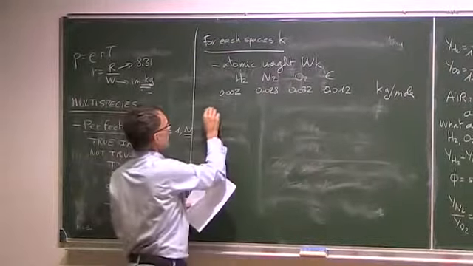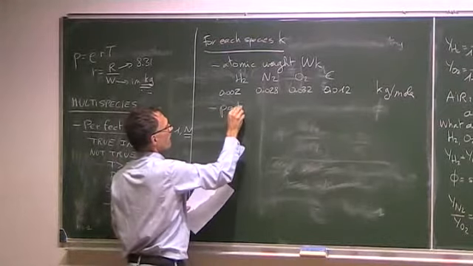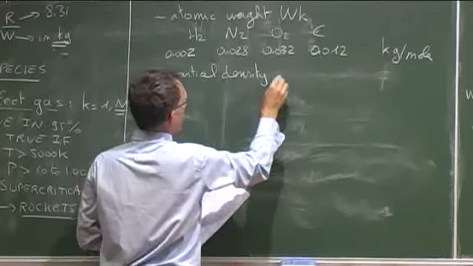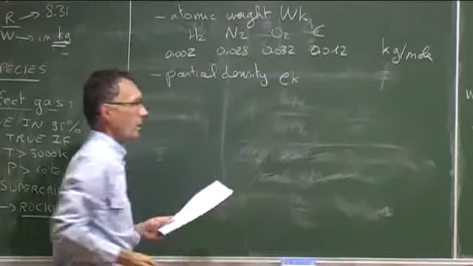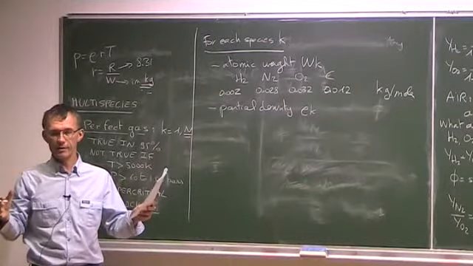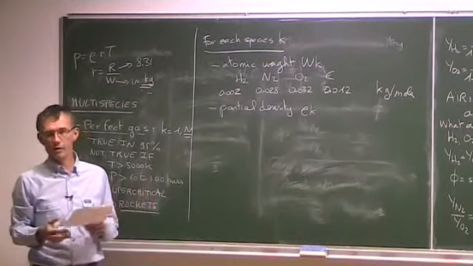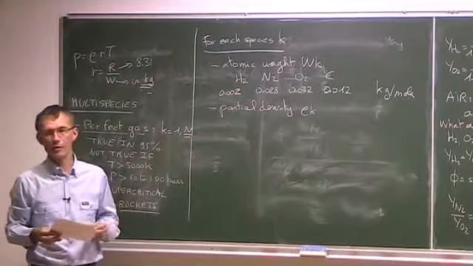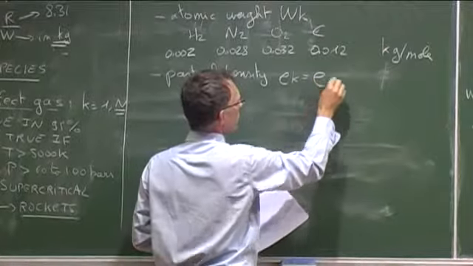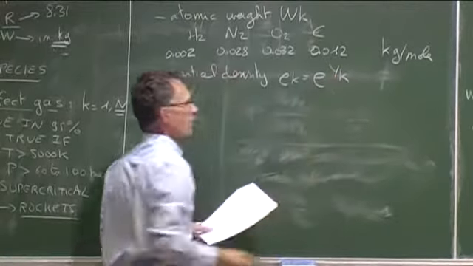Then each of these gases will have a partial density ρk. The partial density is what you expect. You take 1 cubic meter of gas, and within this cubic meter you count how much mass you have for the species k. By definition it is also equal to the total density multiplied by the mass fraction.